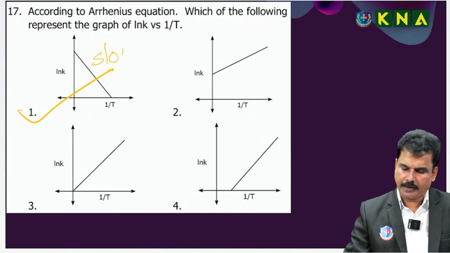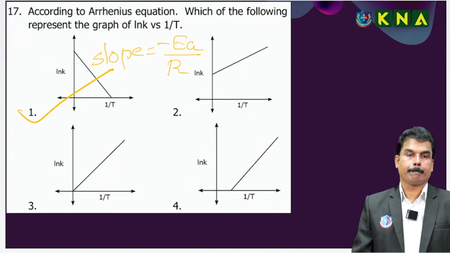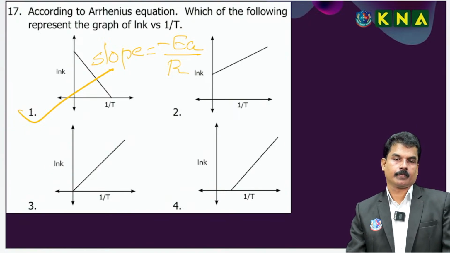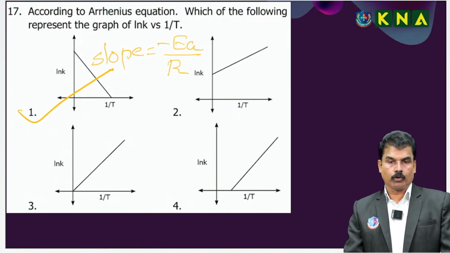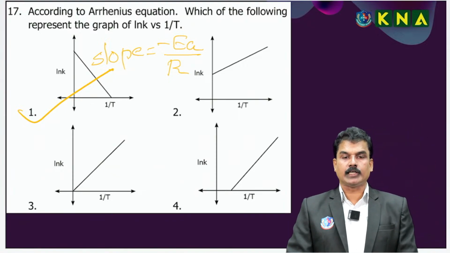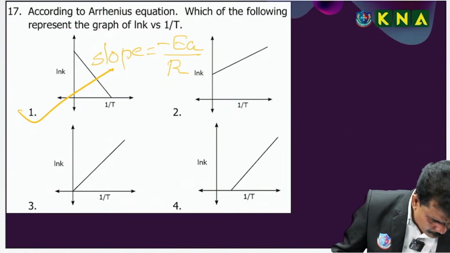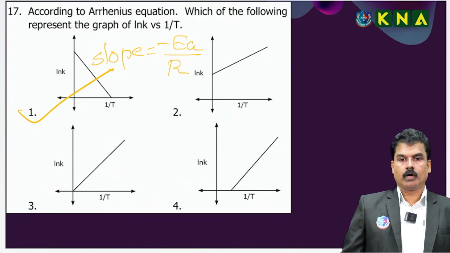What is the slope of the line? Slope is equal to minus Ea by R. Clear now? We are correlating the Arrhenius equation with y is equal to mx plus c. Then you will be getting it. Are you getting the idea?